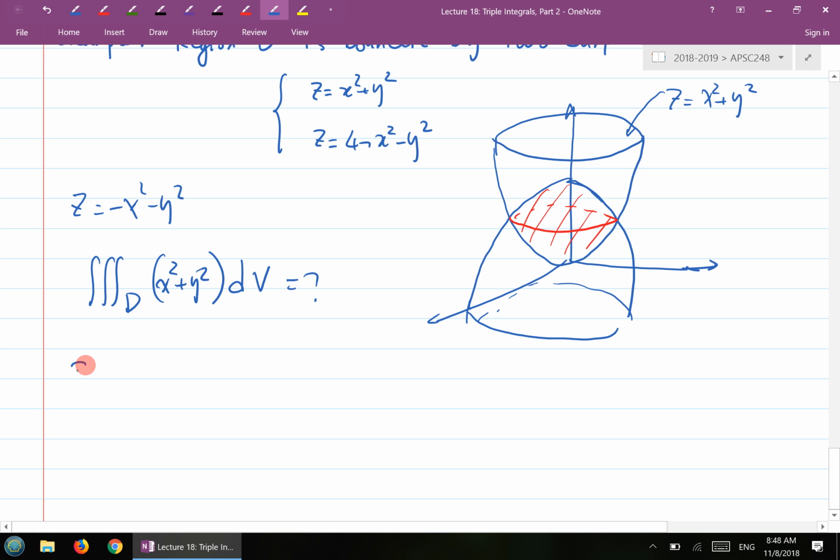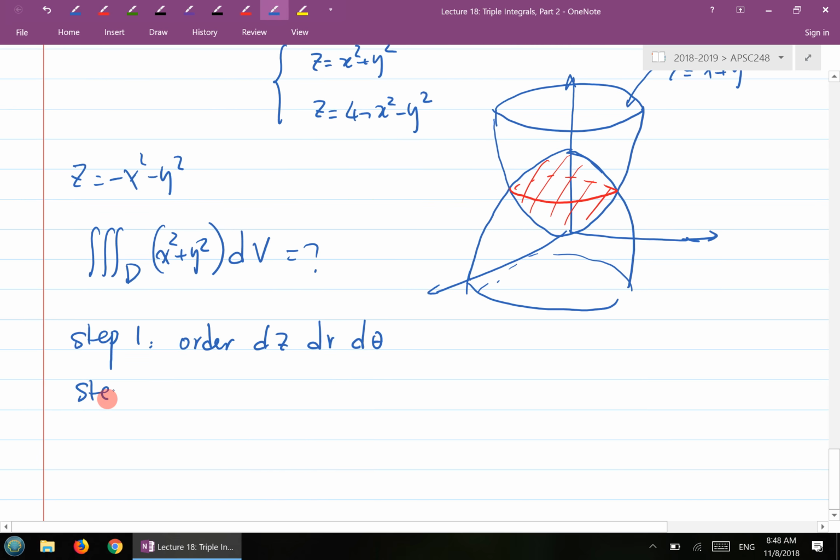Step 1, decide on the order of integration. Here's what I'm going to do: as I just said, I'm going to choose dz, dr, d theta as my order.